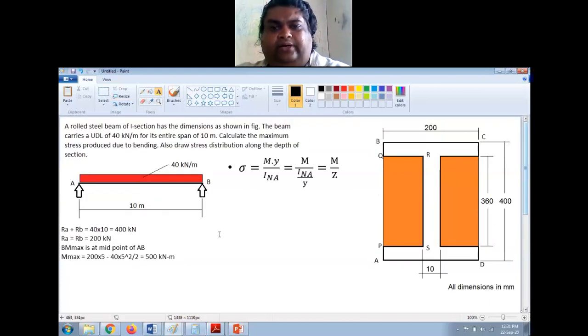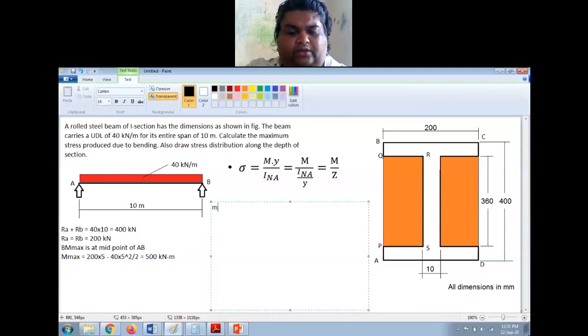Now let us try to find the moment of inertia of this I section. Moment of inertia is equal to, I will consider the larger rectangle. So I or MOI of ABCD minus 2 times MOI of PQRS.